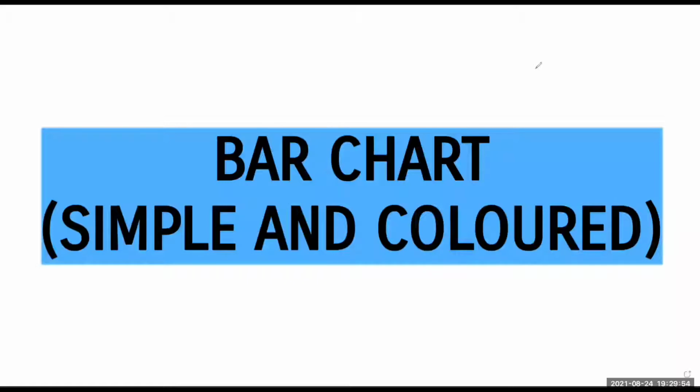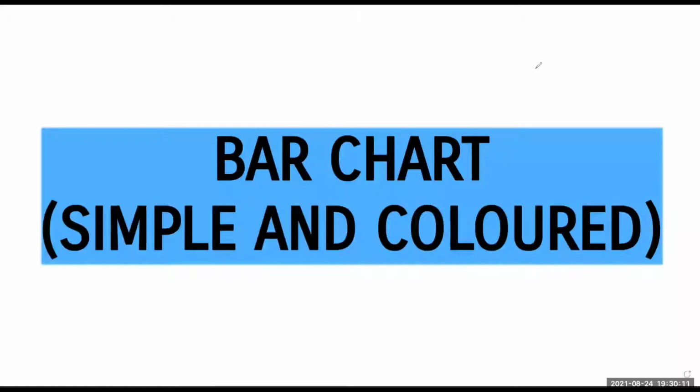But later on, colored charts started coming up, and colored books started coming up, and as a result of that, people started making developed and advanced charts. Let's go for the basic form of bar chart first.